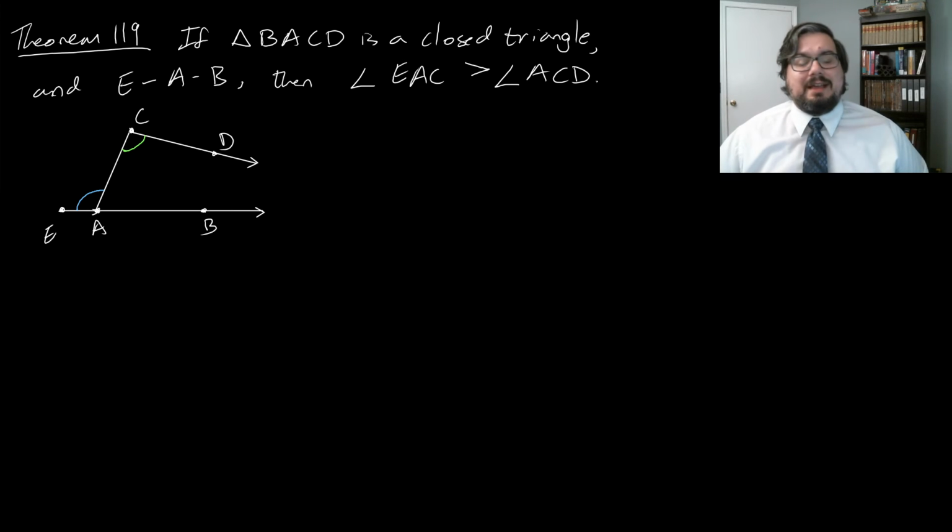We could call the angle at C the remote interior angle of the angle EAC. Now, of course, there isn't another angle that we can work on because the closed triangle is not a true triangle, but we do have this relationship. The blue angle is always strictly greater than the green angle.